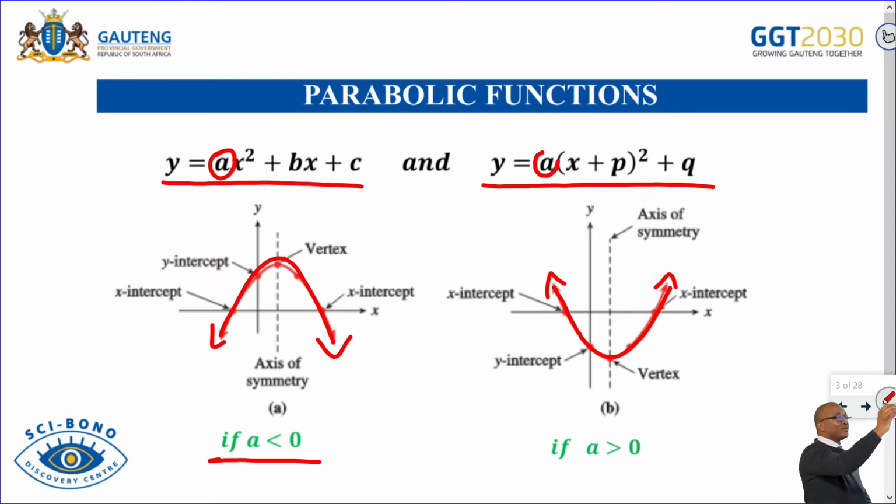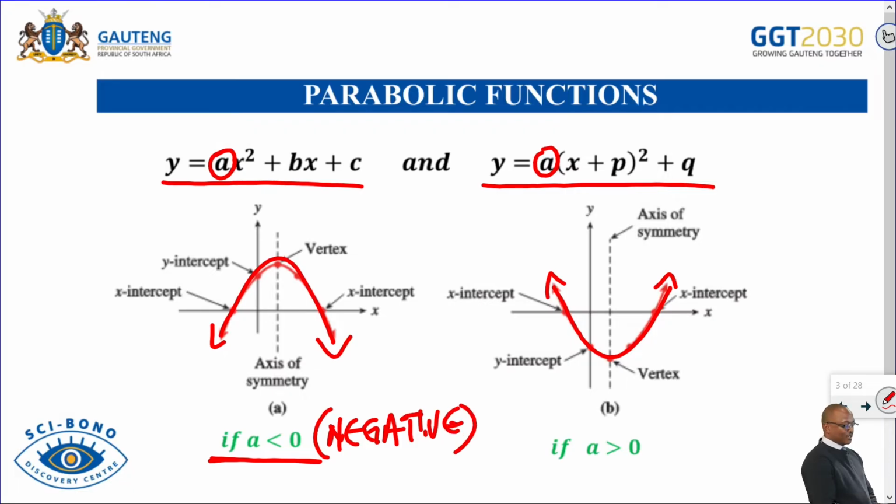So what happens now with a? If a is less than 0, a is negative, remember any number that is less than 0 is a negative number.